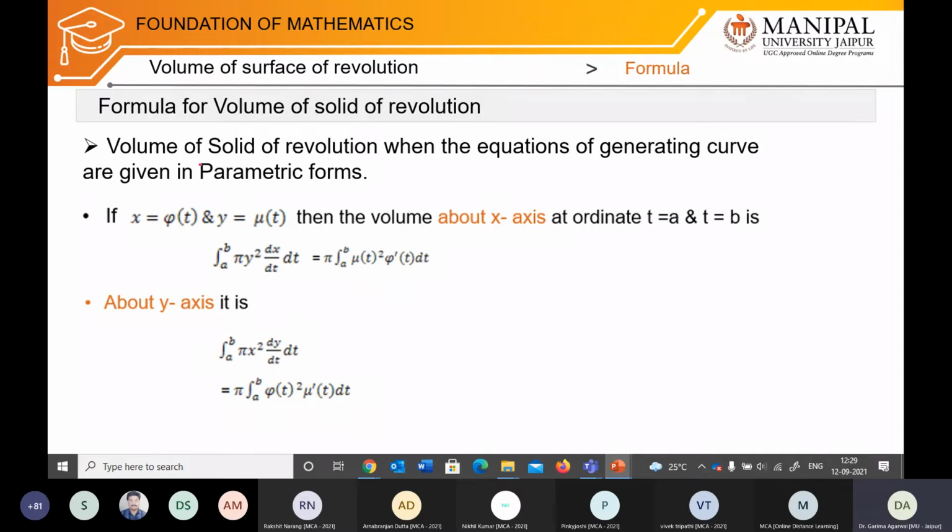Then if the curve is in parametric form and revolves about x-axis, the volume will be pi y square dx by dt times dt. And if it is revolved about y-axis, the formula will be pi x square dy by dt times dt.